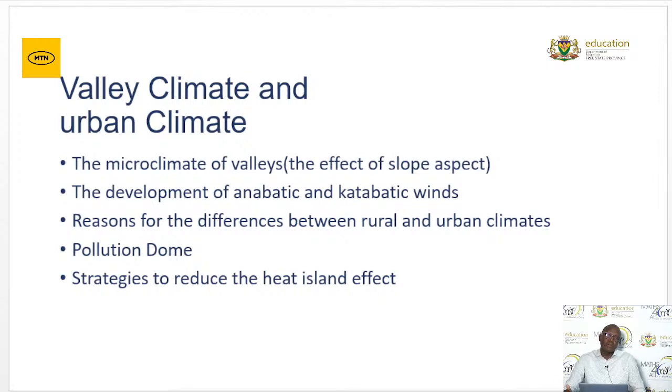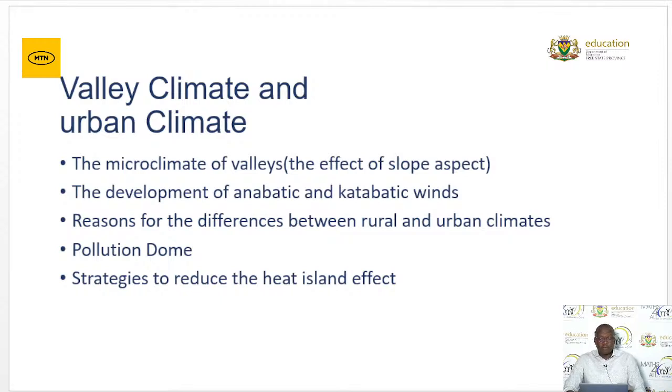And then because outside is cold, that warm air won't be able to escape the valley. So when that air is not able to escape the valley, it will only settle at the mid-slope. That is where we say it's a thermal belt. So that is the development of this katabatic wind. Anabatic wind is rising air inside the valley. Immediately when that air rises inside the valley, then we say it's an anabatic wind.